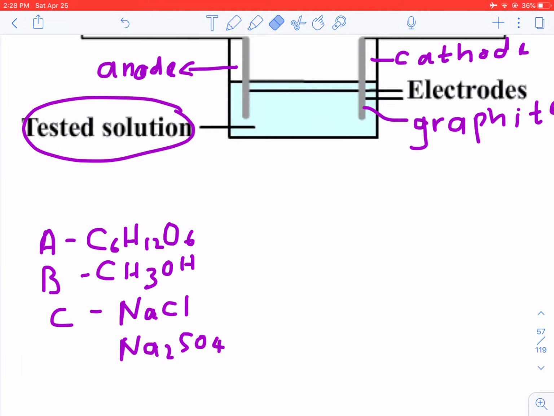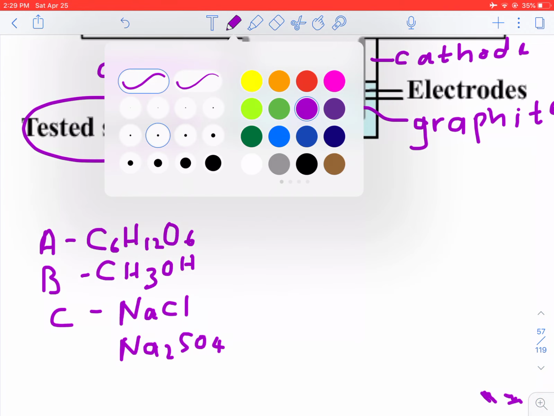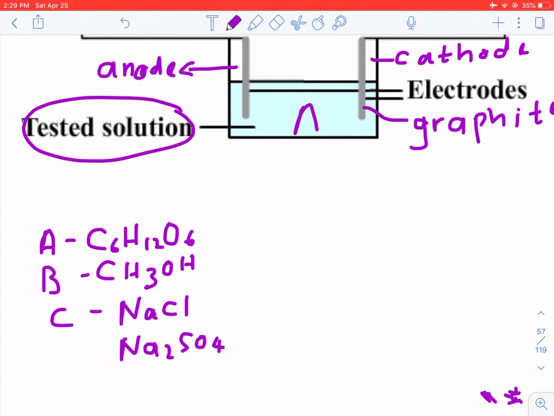Let's see what happens if we have water in a beaker and we add A to it.